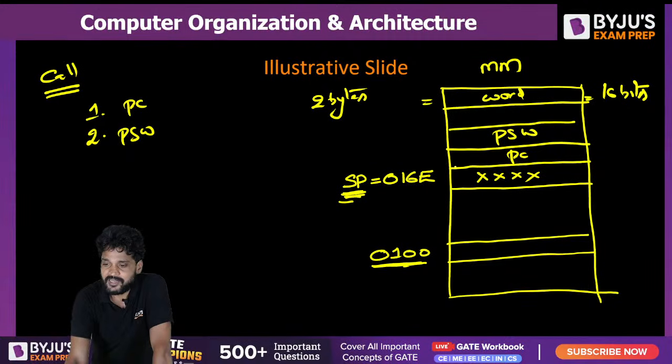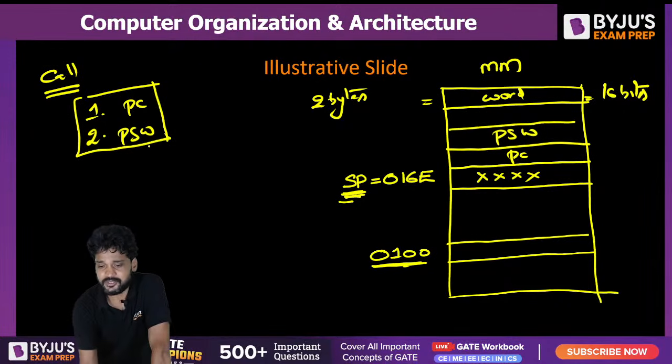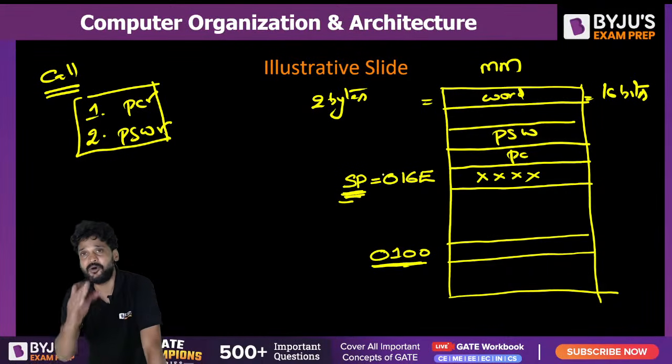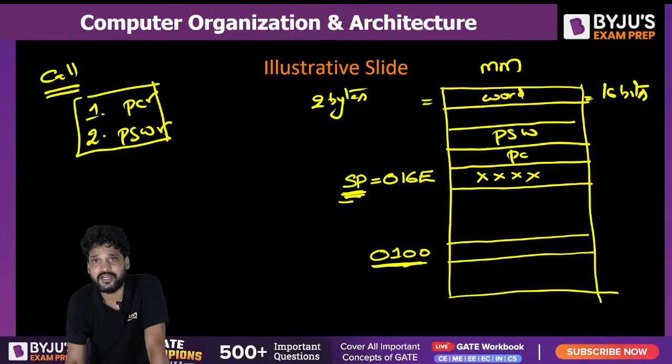Whenever there is a push operation, the stack pointer will get incremented. Here the stack has been updated twice: first to push the PC, second to push the PSW. That means SP is equal to SP plus 2 generally. But here, the memory is byte addressable, and one word is equal to 2 bytes.